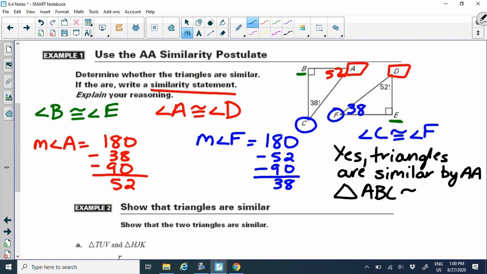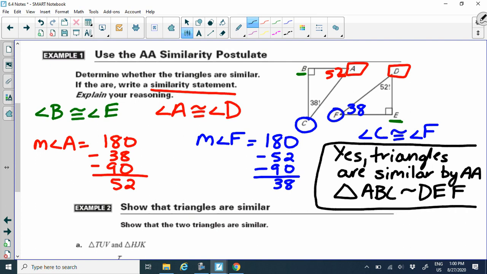So angle A, what is it congruent with? Well, it's congruent with angle D, so that needs to come first. B is our second letter. What is that congruent to? That is E, so that has to be our second. And then C, and this is kind of like a process of elimination, that has to go with F.